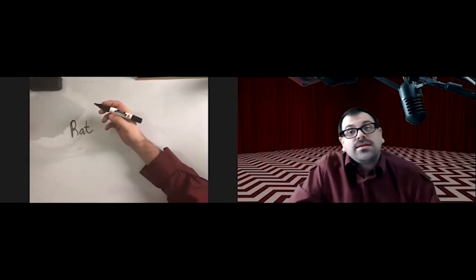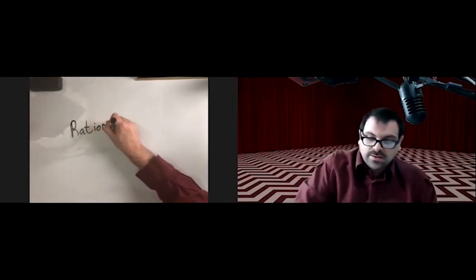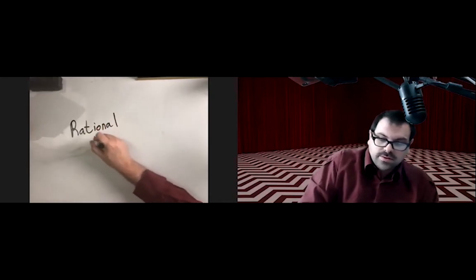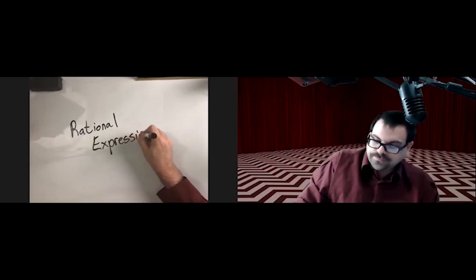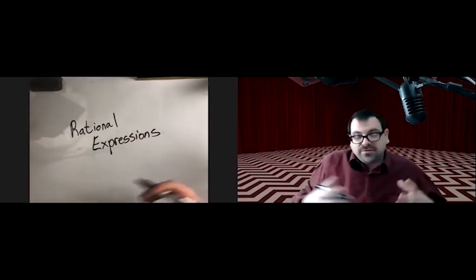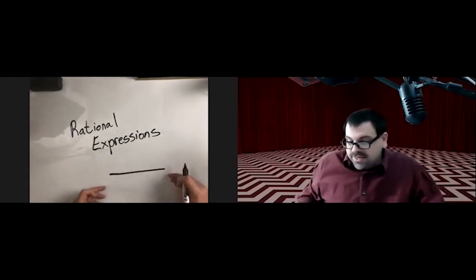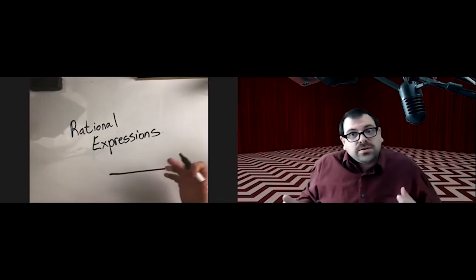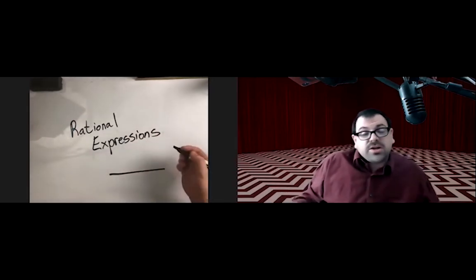Notice it looked like we had a fraction. An expression that has a fraction in it looks like it has a numerator and a denominator, but it is a single expression. That is called a rational expression.